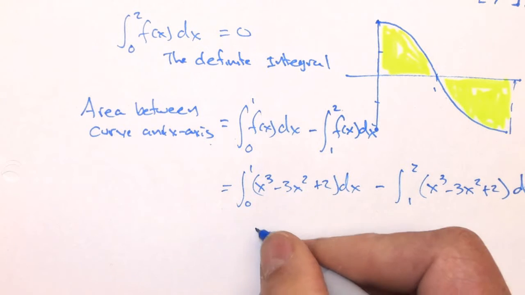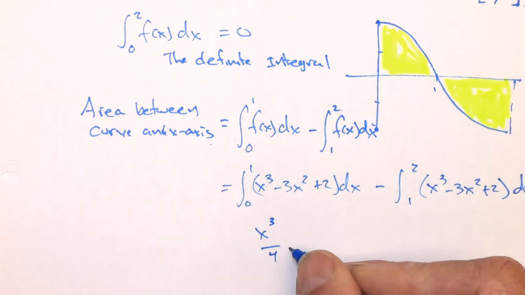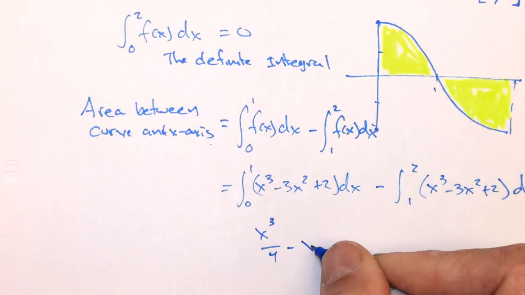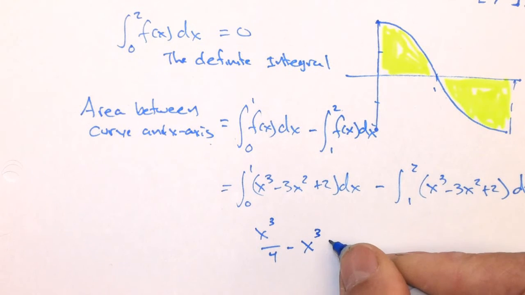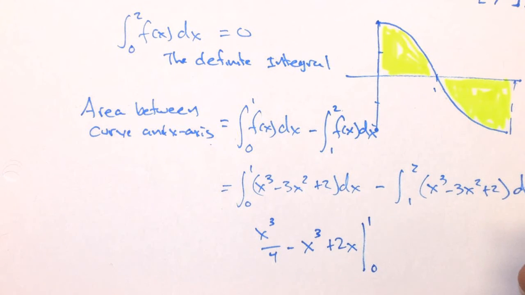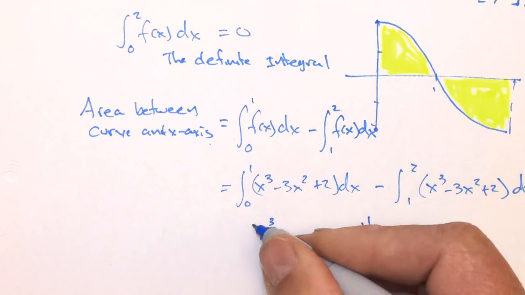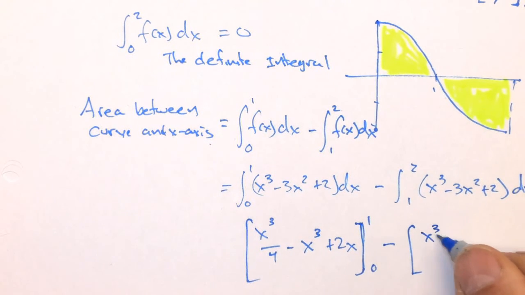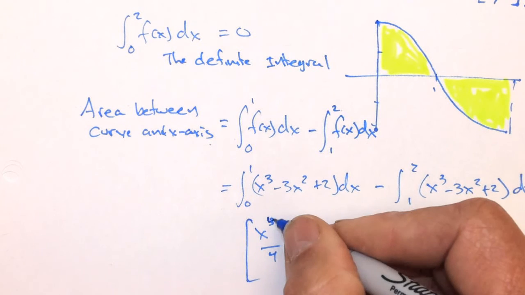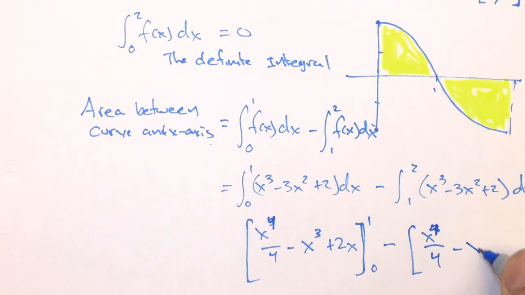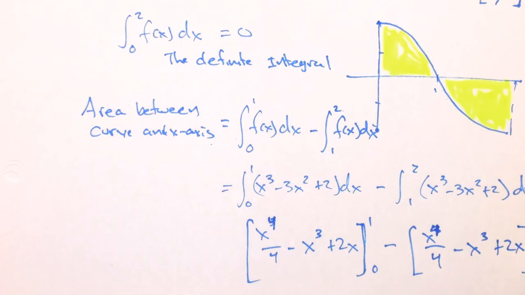So we do this and we have x to the fourth over 4 minus x cubed plus 2x evaluated from 0 to 1, minus the other one, the same thing, x to the fourth over 4 minus x cubed plus 2x evaluated from 1 to 2.